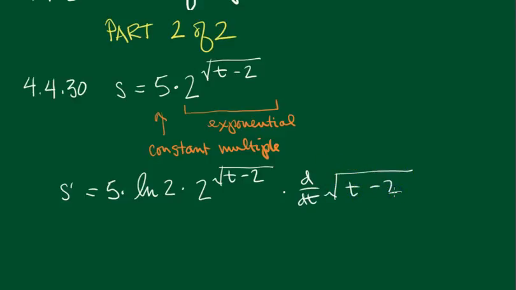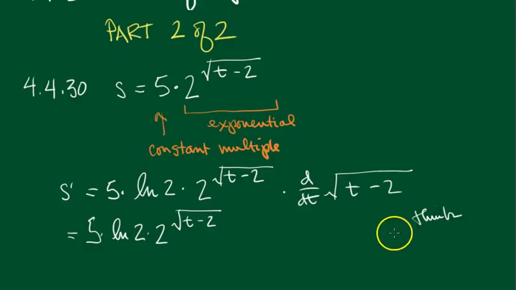Okay, so carry along all of this. And I'm going to think of this as the derivative with respect to t of t minus 2 to the power 1/2.